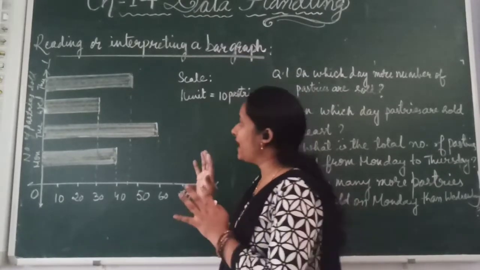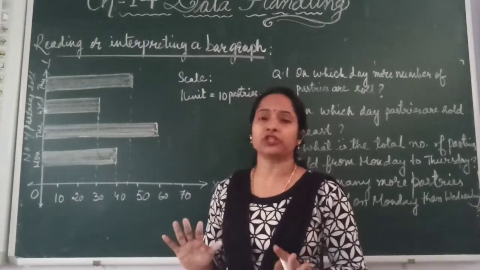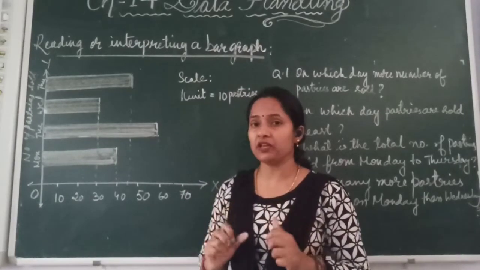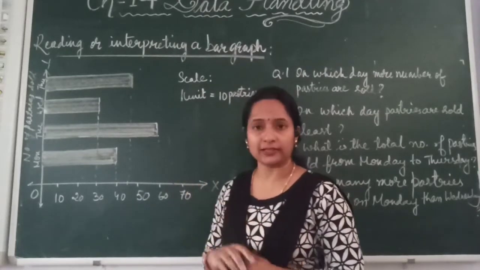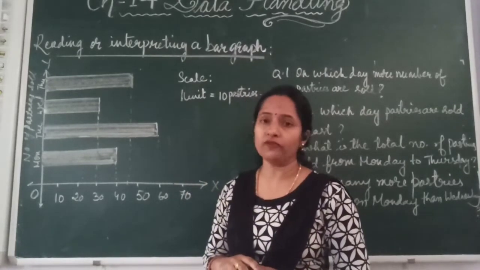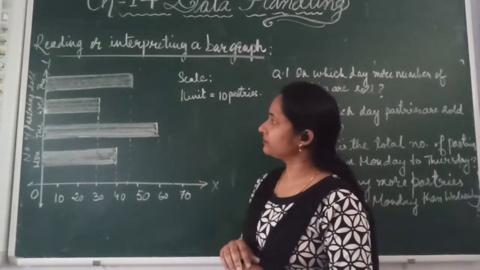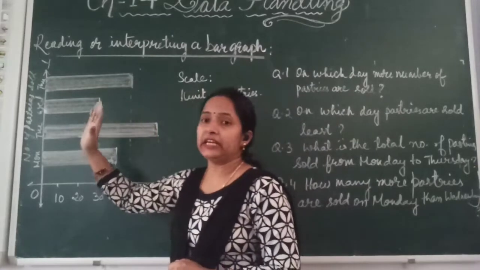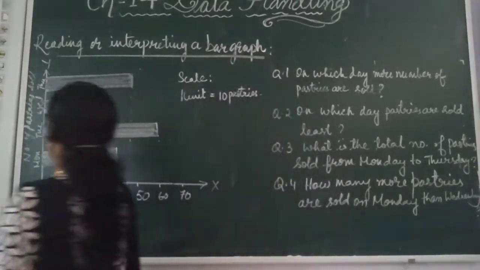Here only a bar graph is given to you. There is no other information given. But how will you fetch the information about the data that is represented in the form of a bar graph? First of all, you go for the titles written along the x-axis and y-axis.